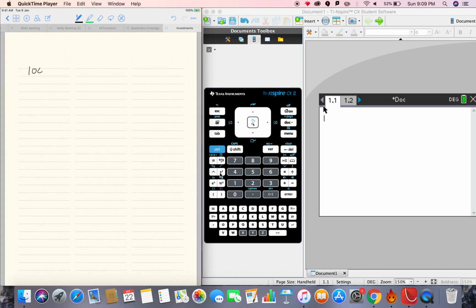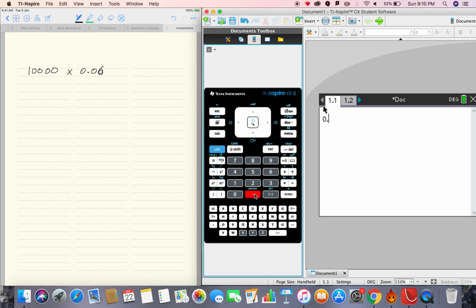So you've got 10,000, I need to find 6%, so times by 0.06. I'll just do it in the calculator. Okay, and in the first year you earn 600 SGD.